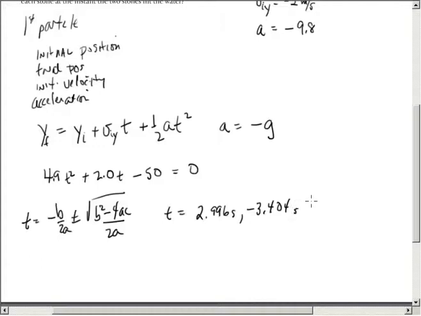Of course, this is the intercept where t is equal to 0, or where y is equal to 0. Of course, our solution is the positive square root, so the answer to part A is that t equals 2.996 seconds for the first particle.